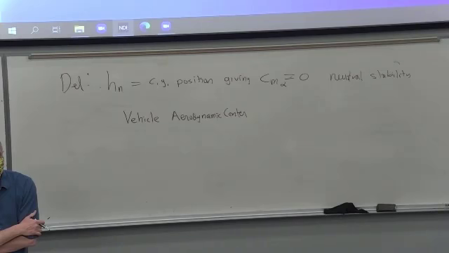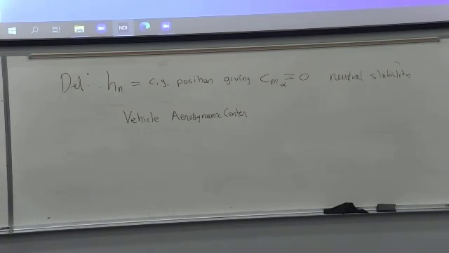So CM alpha for the airfoil is 0. How about the wing? The wing aerodynamic center is the point about which you take moments, and those moments don't change with angle of attack. So the pitching moment does not change with alpha, so the derivative of Cm with respect to alpha is 0 because it doesn't change with alpha.